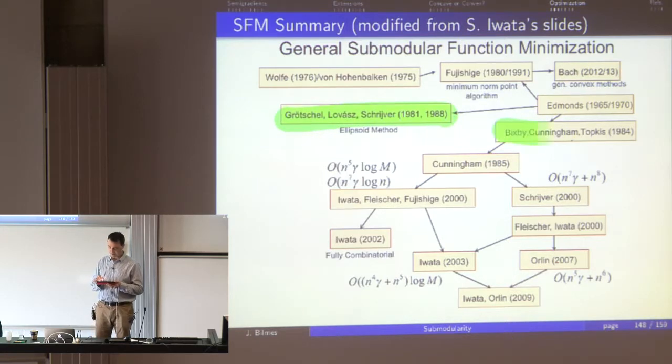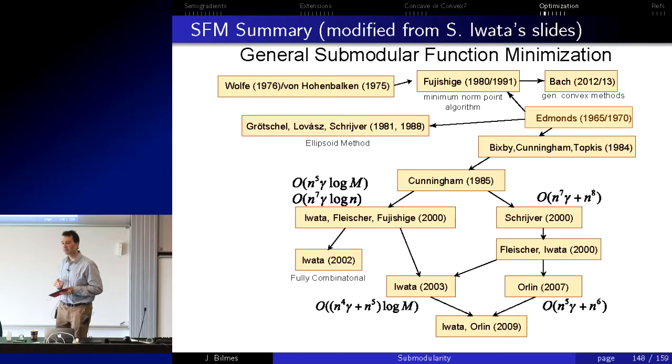And that also started this whole flurry of work on combinatorial or non-continuous methods for submodular function optimization. These methods are very, very tricky and complicated. These are the ones that have these very, very high complexities. In fact, many of these methods aren't even implemented. So you know their theoretical worst case complexities, but because they're so complicated, nobody's really coded them up.